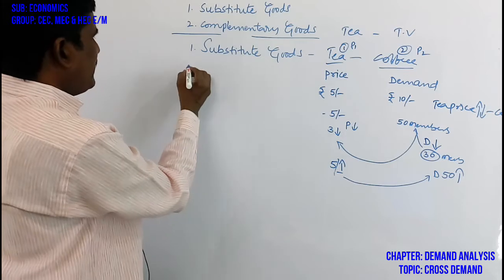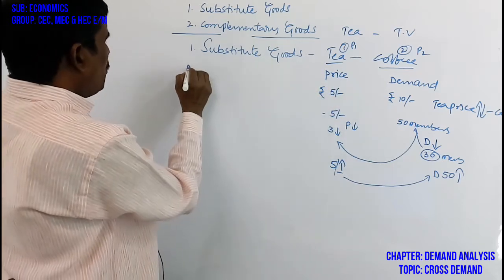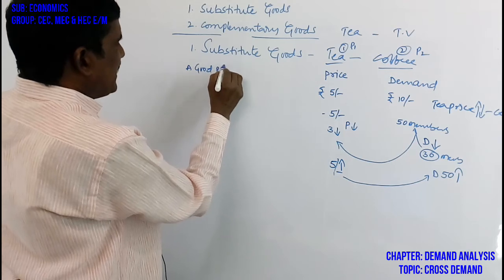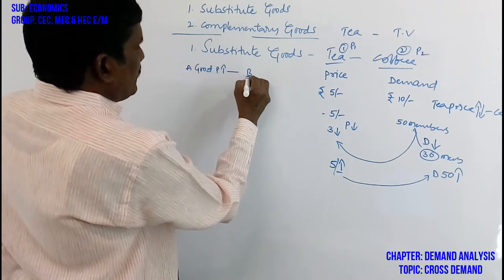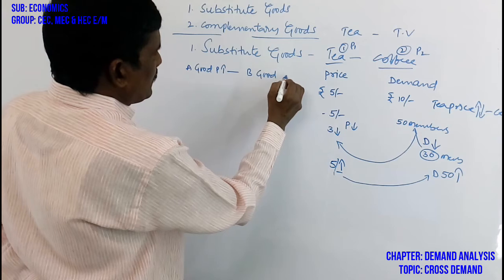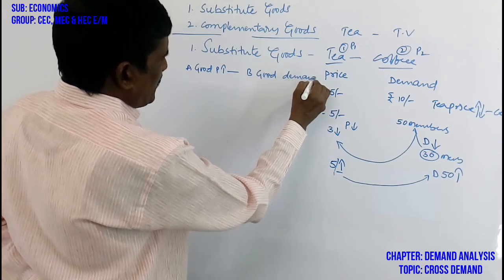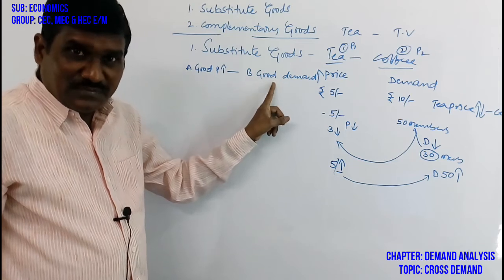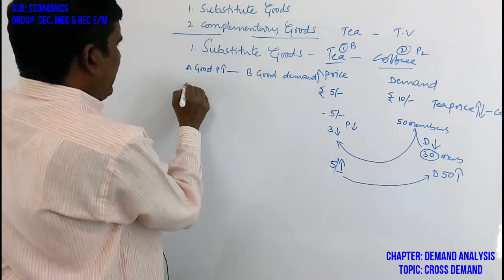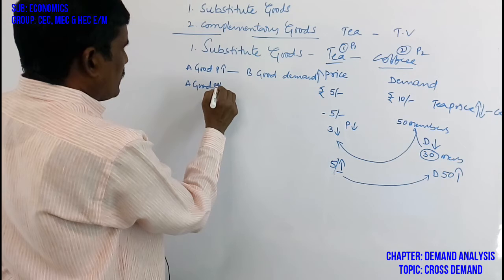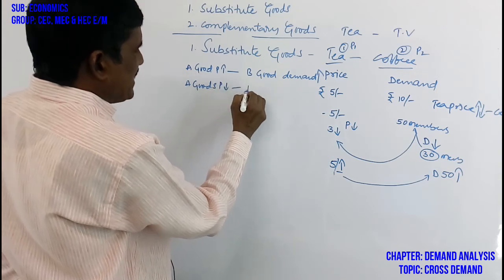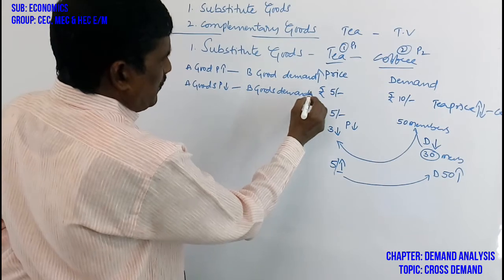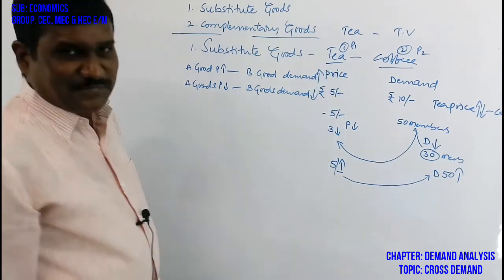Let's understand once again. Instead of tea, let's say A good and B good. A good price increases, B good demand increases. Here the price is of A and the demand is of B. Understood? Then A good price decreases, B good demand also decreases.